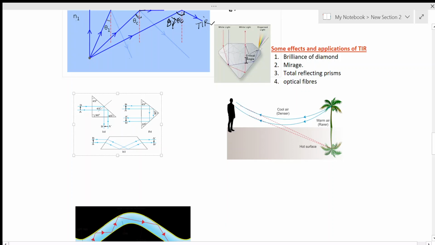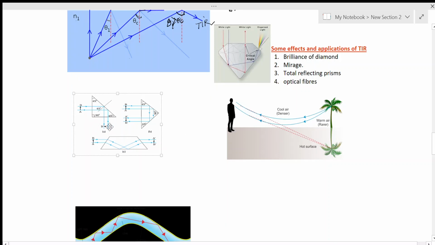And because diamond has a high refractive index, n equal to 2.24, its critical angle value is very small, around 22.4 degrees only, and therefore most of the rays incident at greater than 22.4 will undergo total internal reflection here.